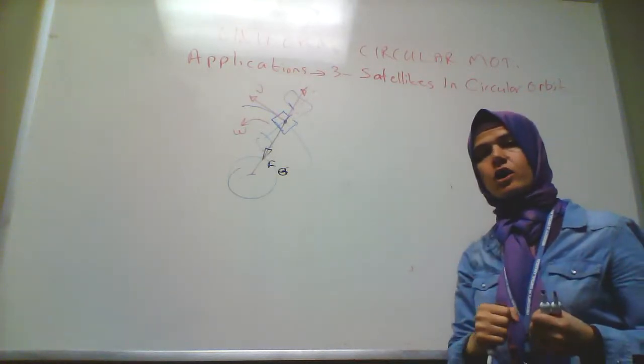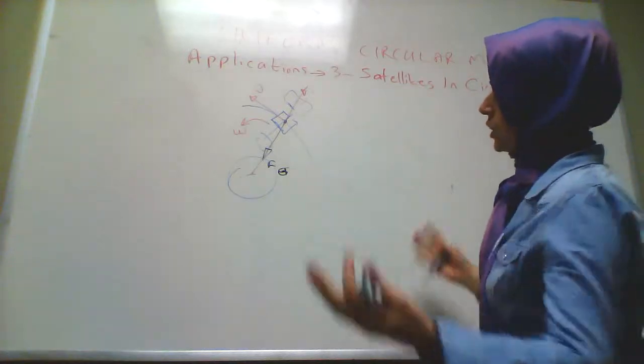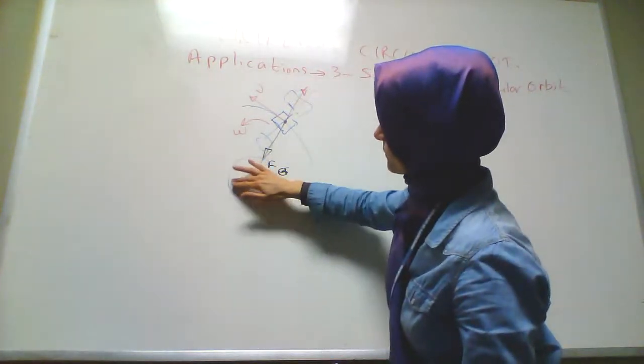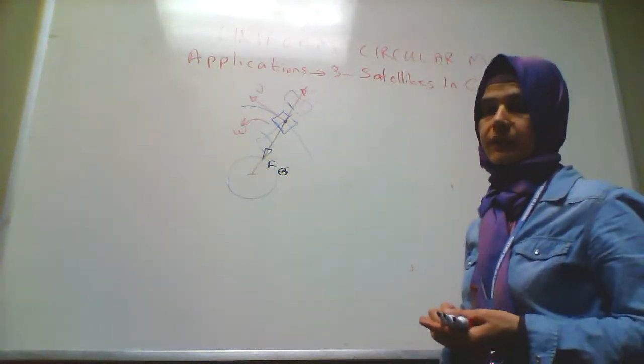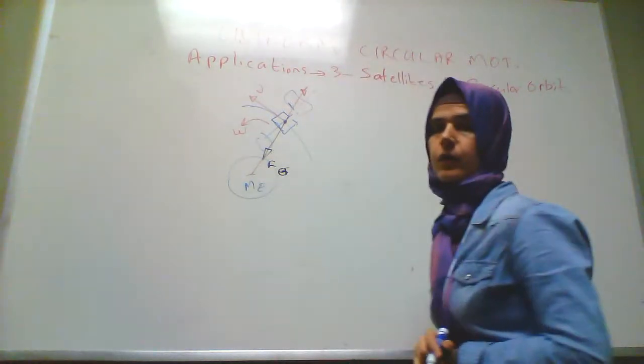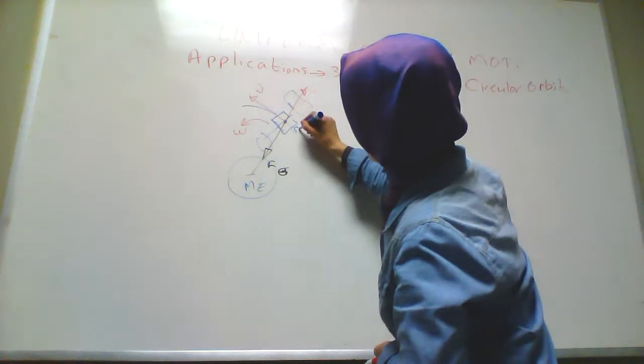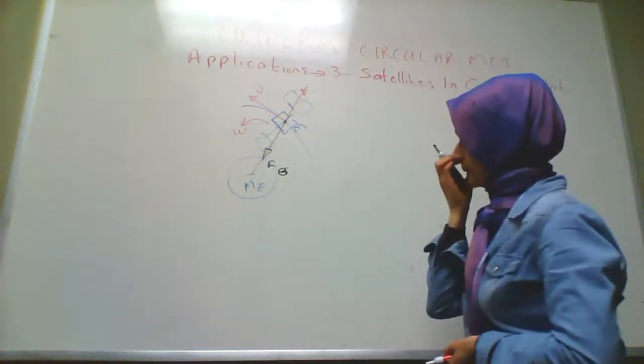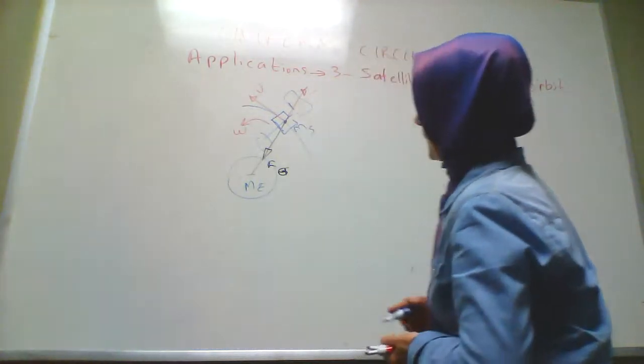If the masses are small, it's not really felt, but if we have a huge mass like Earth, it will be felt, and it is felt. I'm going to call the mass of the Earth M, and the mass of the satellite MS, M satellite.